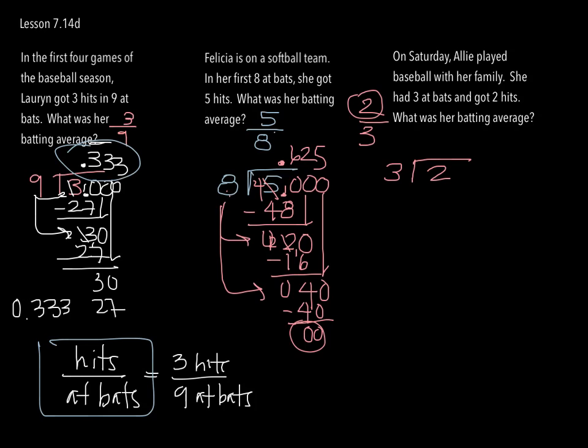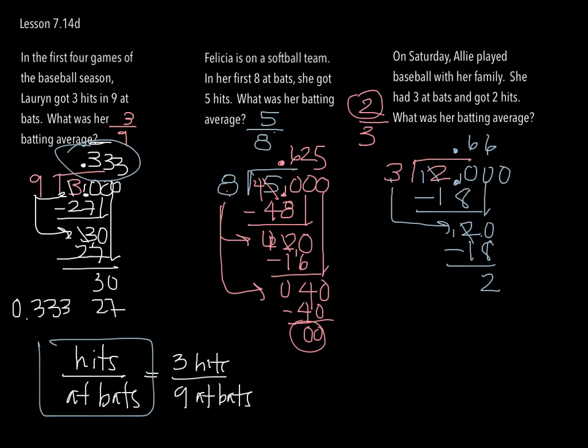First thing we have to ask, how many 3s can we take out of 2? None. So we're going to add a decimal and add a 0. How many 3s can I take out of 20? That's going to be 6. Multiply that out, 18. Subtract, 10 less 8 is 2. Add a 0, bring it down. How many 3s in 20? Oh, that's still 6. 18.